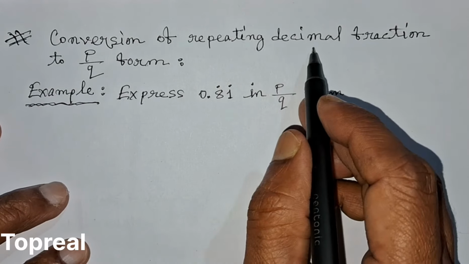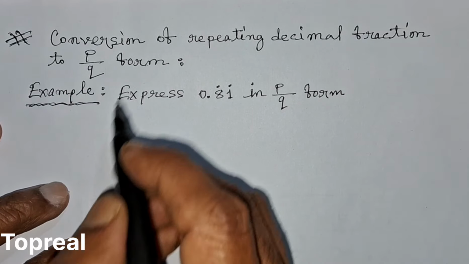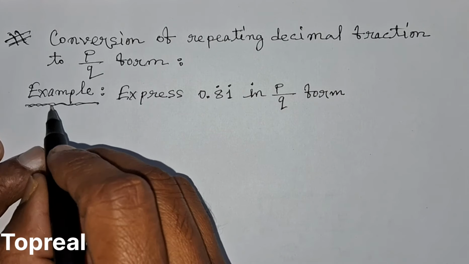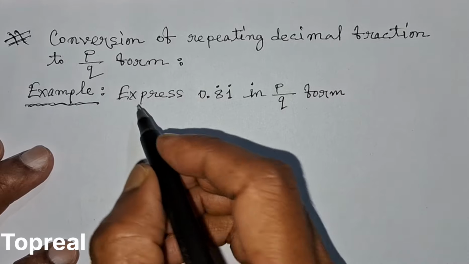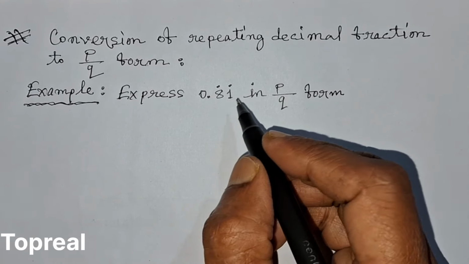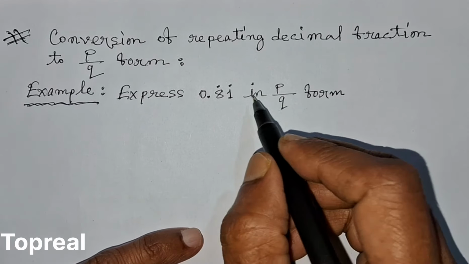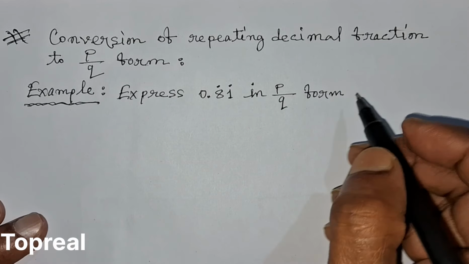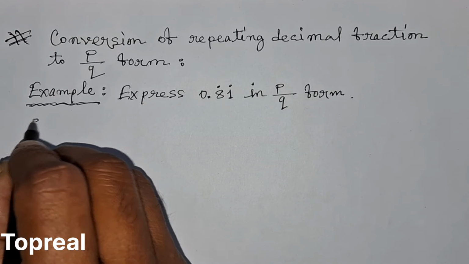Conversion of repeating decimal fraction to P by Q form. We take an example. Express 0.81 repeating in P by Q form. Solution.